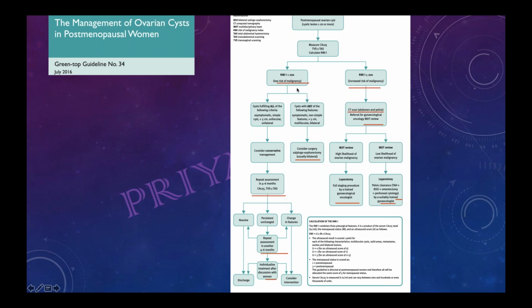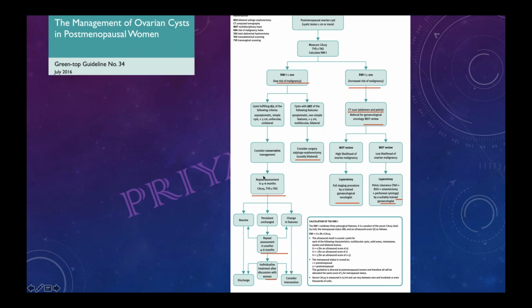If it is less than 200 and the patient has any of non-simple, more than 5 centimeter, multilocular, bilateral, then bilateral oophorectomy.